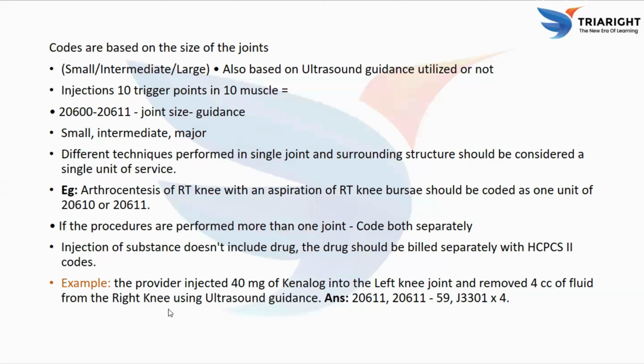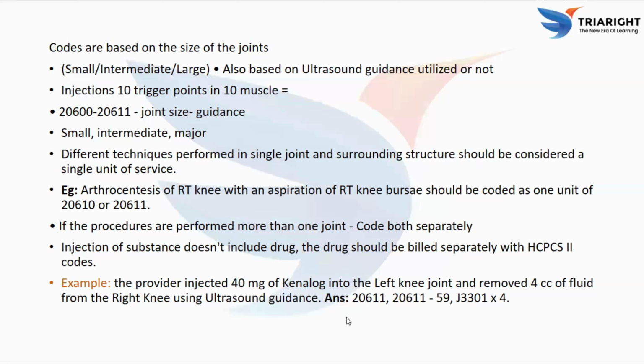For example, the provider injected 40 mg of Kenalog into the left knee. The provider aspirated 4 cc of fluid from the right knee. Ultrasound guidance is used for both. So what is the correct coding? You have to assign code 20,611 for left knee injection, and 20,611 with modifier 59 for right knee aspiration, which is a distinct joint from the left knee injection.